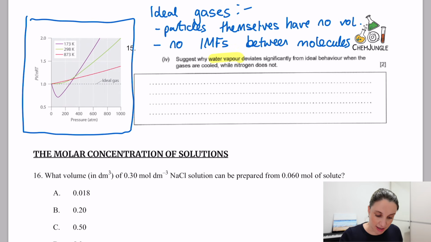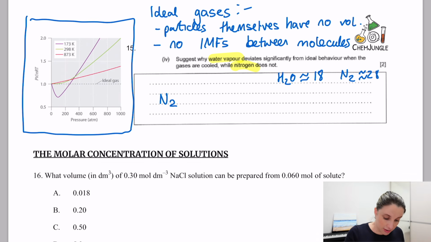So the question here, talking about water vapour versus nitrogen, in terms of the size of these particles, they're pretty similar. Water has a relative molecular mass of around 18. Nitrogen is around 28. It's probably not the most significant difference between them. They're both pretty small, but the intermolecular forces are super different between these two, and that's actually what's causing the problem.